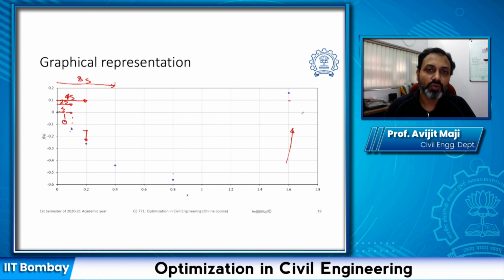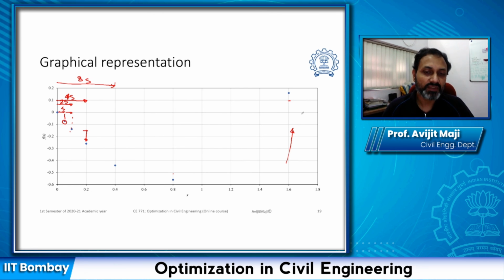A few things to note about these methods. My objective function is supposed to be unimodal. For the two methods which we discussed specifically in today's class, we also need to be careful with our initial guess and the step size. As I had indicated during the lecture, if my initial guess is too far off from my optimum point, then it takes longer to get closer to the optimum point.